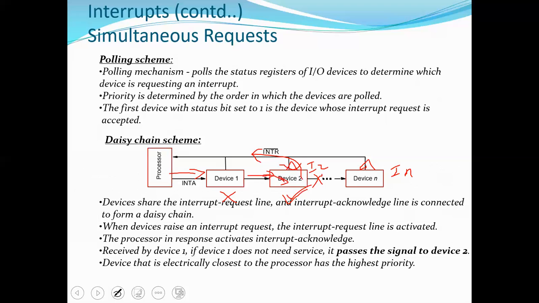The device which is electrically nearer to the processor is given the priority, because the processor is sending the acknowledgement to the first device which is connected. Okay, so the electrically closest device will have the higher priority. Otherwise, the acknowledgement passes to the next devices. Okay, that is daisy chain mechanism.